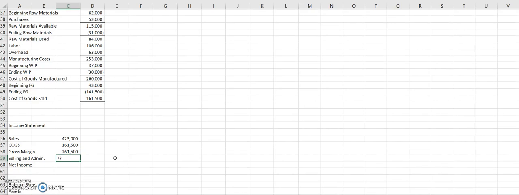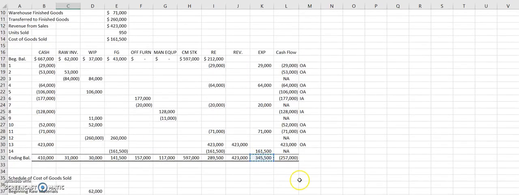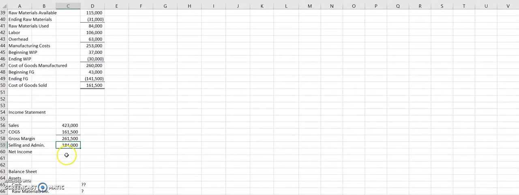Our admin and selling expenses, what's our period costs? Well, we can go back to our framework and look at our total expenses and just simply subtract off our cost of goods sold. These other items in here are all other operating expenses, period costs that we had during the month. We could add those up if we wanted to, or just simply do the subtraction, either way. And we're coming to $184,000 in operating expenses.